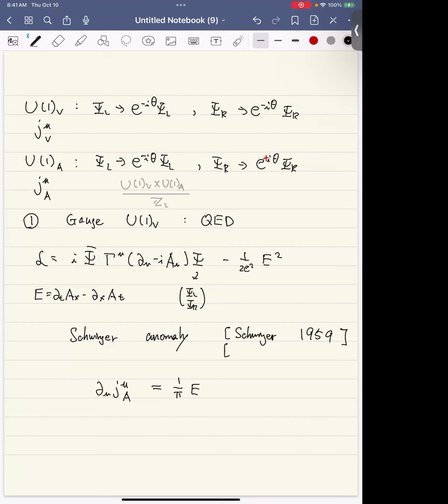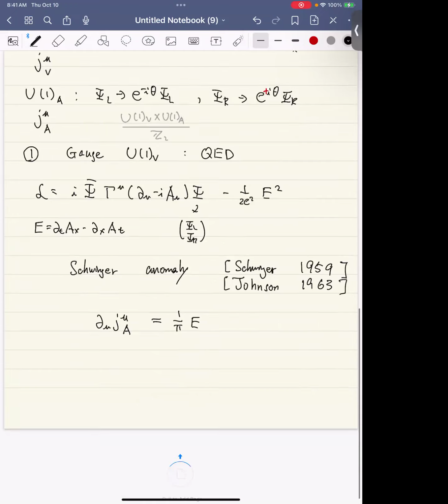I think there's another paper that stated this more clearly, which was by Ken Johnson at MIT in 1963. Okay.